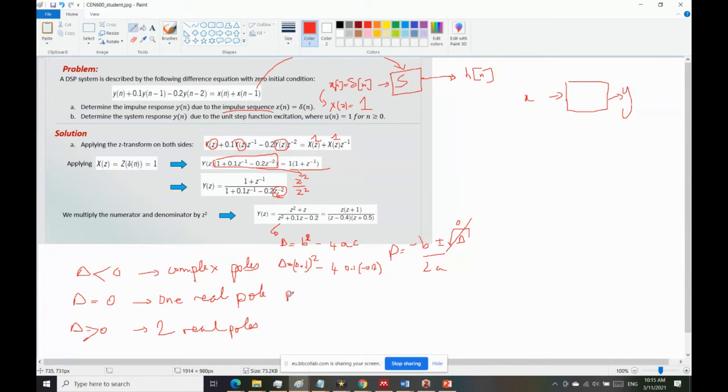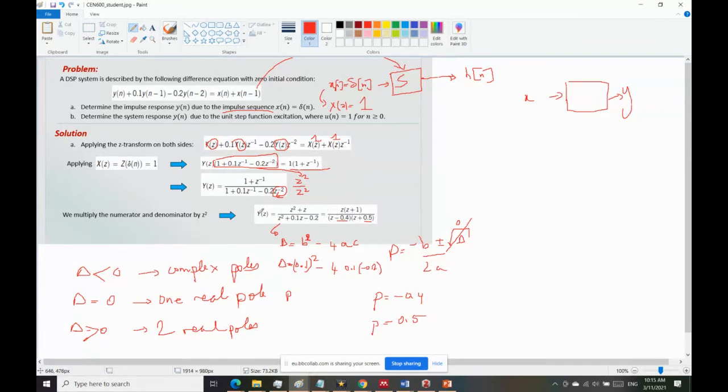If you compute the two poles using this formula, the poles are minus 0.4 and 0.5. So we have two poles: minus 0.4, and another one is 0.5. Anyway, that means we can write it this way as a product.